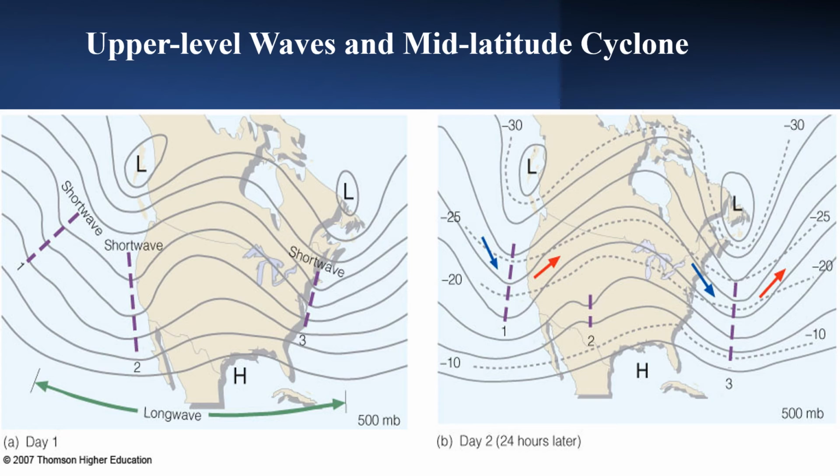So in warm advection, warm air moves into the colder air region, and normally the air temperature increases. For cold advection to occur, the wind must blow across the isotherms from the colder to the warmer region, whereas for warm advection to occur, the wind must blow across the isotherms from the warmer to the colder region.